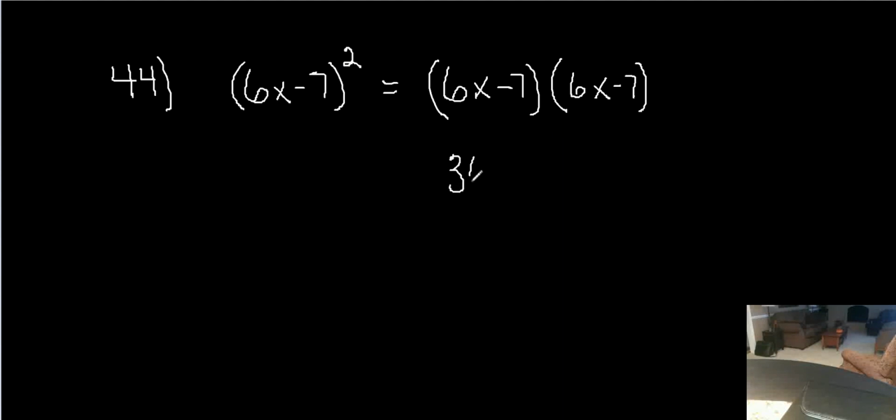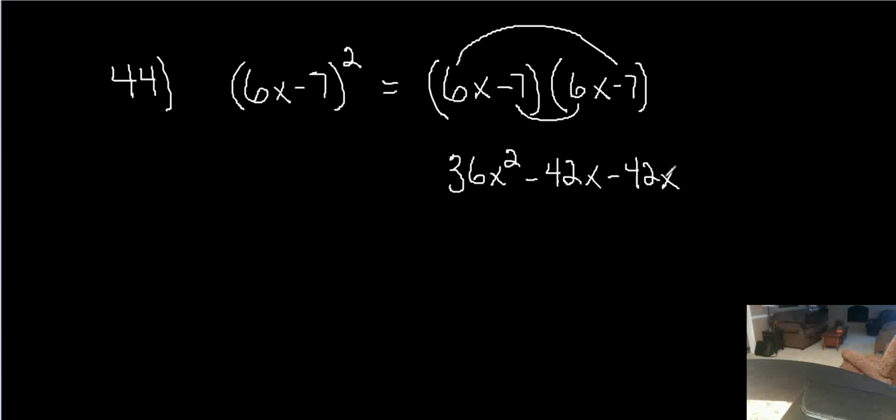So I've got 36x squared. Outside is 6x times negative 7, which is negative 42x. Inside, I got the same thing. Negative 7 times 6x is negative 42x. And then last, negative 7 times negative 7 is positive 49.